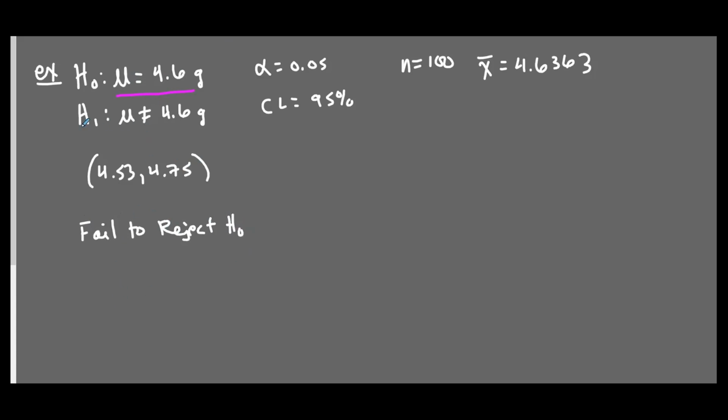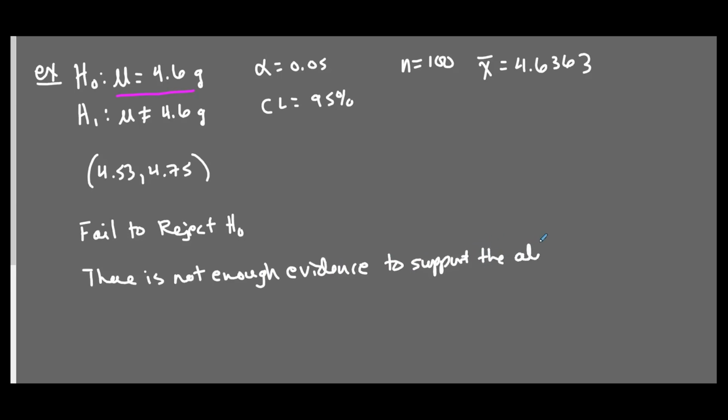That means we don't have enough evidence to support the alternative hypothesis. So it could be that it's not 4.6, okay, but we don't have enough evidence to say that, right?